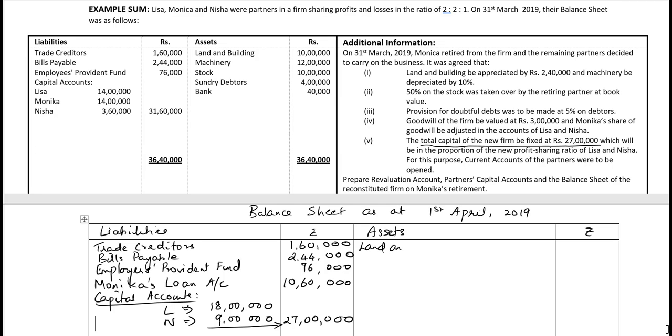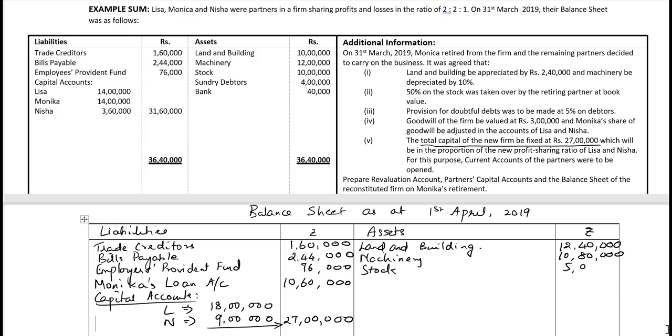Let's continue with the asset side items. Land and building. As per point 1, we had to appreciate it by 2,40,000. So current value is 12,40,000 rupees. Machinery was depreciated by 10%, 1,20,000. So it's now 10,80,000 rupees. Stock, 50% of the stock was taken over by the retiring partner.